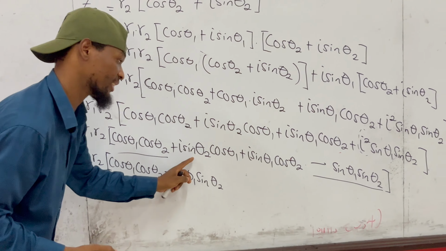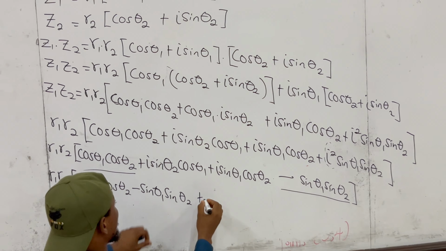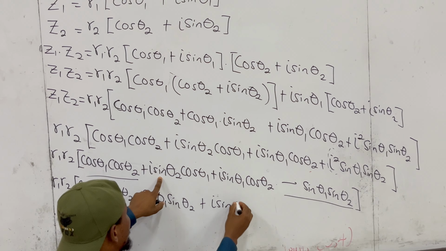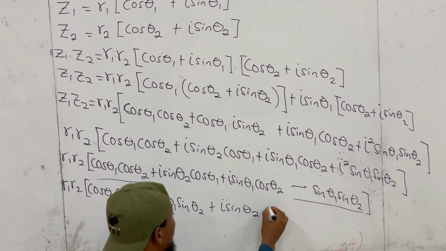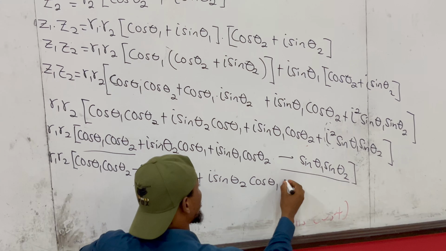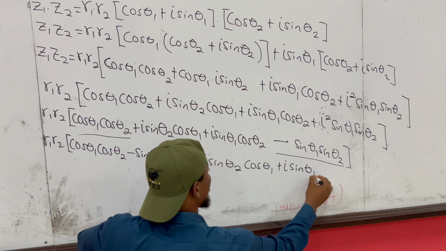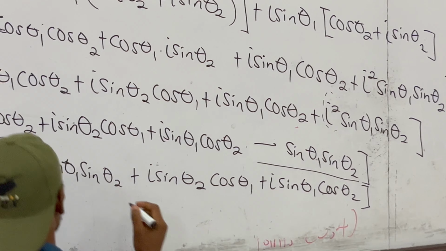So I'll pick this and that. Then I have plus i sine theta 2 cos theta 1 plus i sine theta 1 cos theta 2.